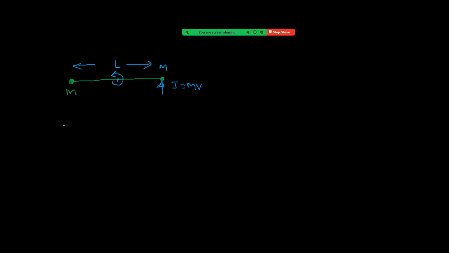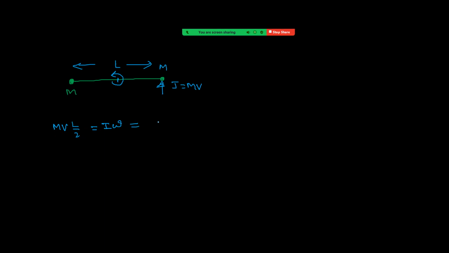Now see calculation. It is m into v into L by 2. Means I am writing J into L by 2. Okay. This is J. J into L by 2. That is now angular momentum about center of the rod. That is equal to I into omega.